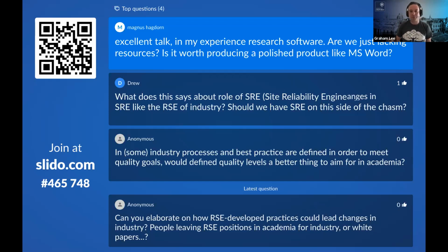I'm obviously paraphrasing, but when we say polish, we mean satisfactory, we mean good enough, we mean that we know what the edge cases are in Word and we just sort of navigate around them. Do we lack resources in comparison with industry? Certainly.